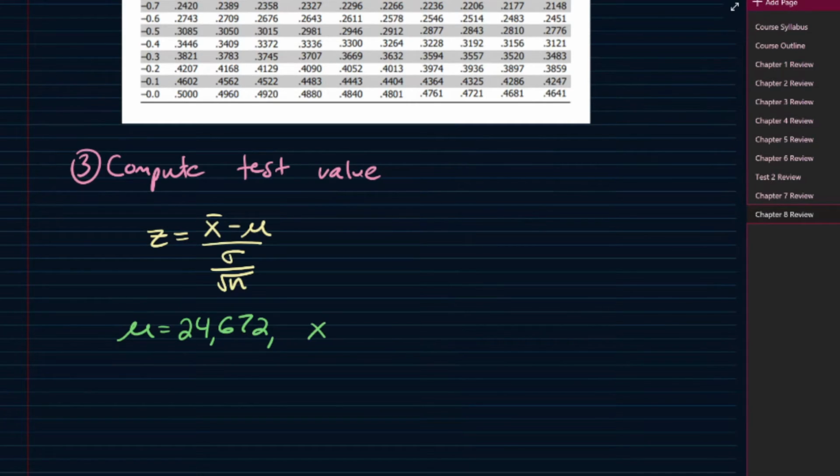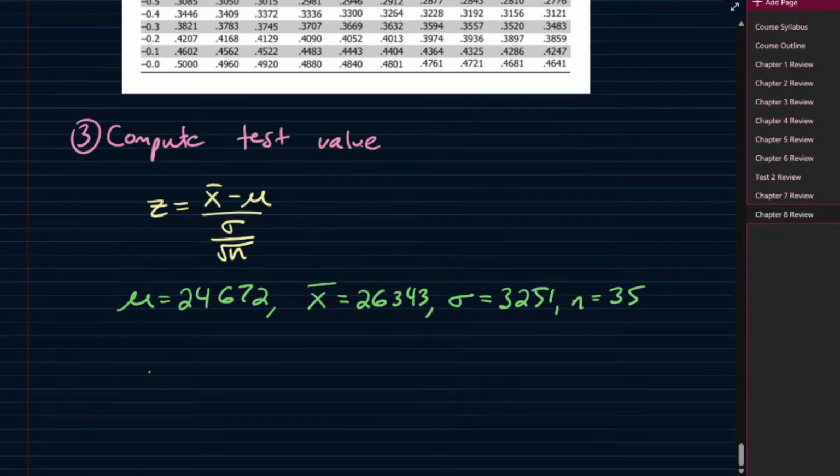What's our x bar? That's the average of the sample. That was 26,343. The standard deviation of the population, 3,251, and the number of people in the sample, n, is 35. Plug it all in.